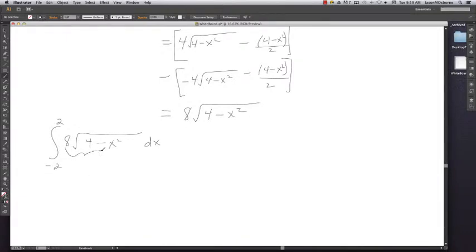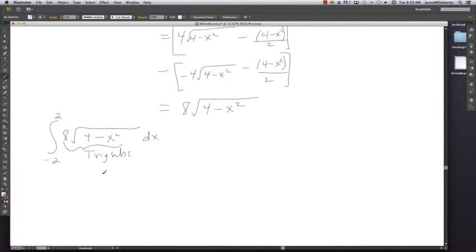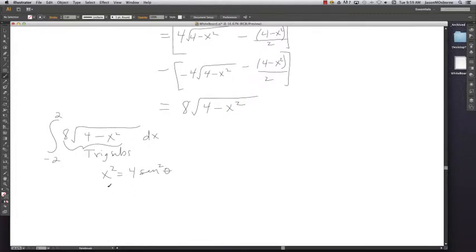If you'll recall from Calculus 2, this is a trig substitution. And for example, you could let x squared is equal to 4 sine squared of theta. That would be that x is equal to 2 sine of theta.